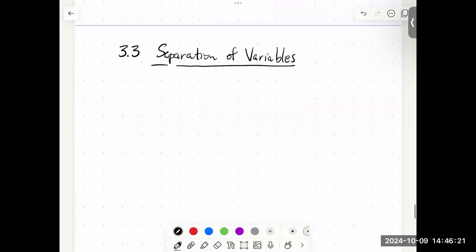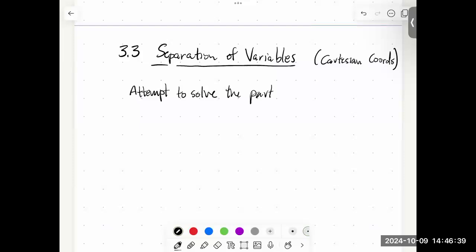So we're going to start in Cartesian coordinates. We'll start with the easiest case first. What we're going to do is attempt to solve the partial differential equation.